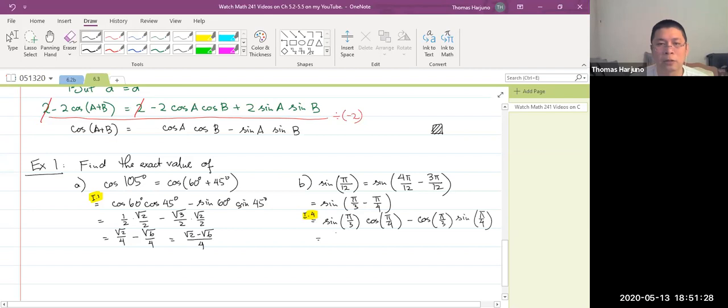That's radical 3 over 2 times radical 2 over 2 minus 1/2 times radical 2 over 2, which gives radical 6 over 4 minus radical 2 over 4. Put them together, radical 6 minus radical 2 over 4.